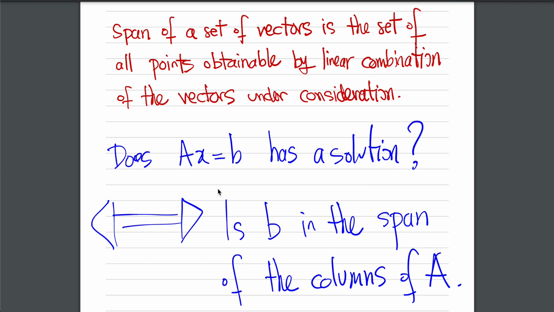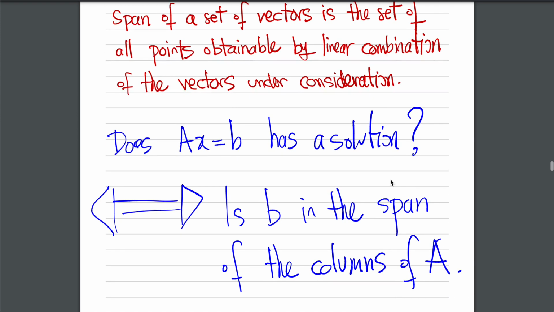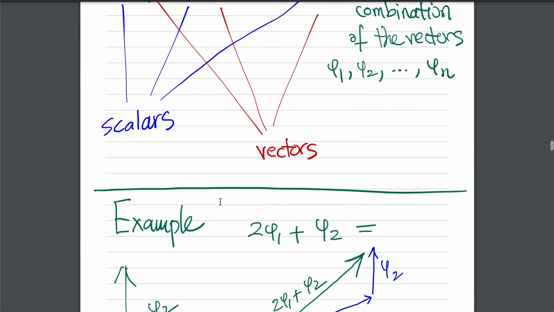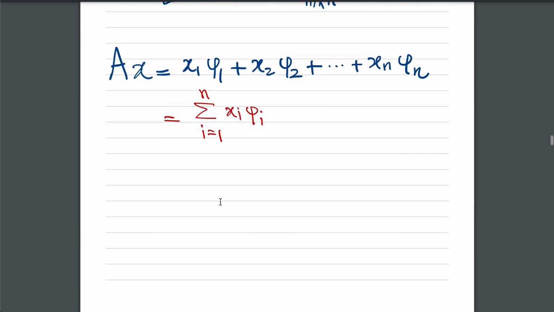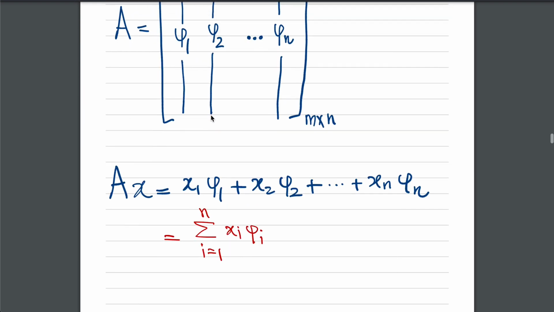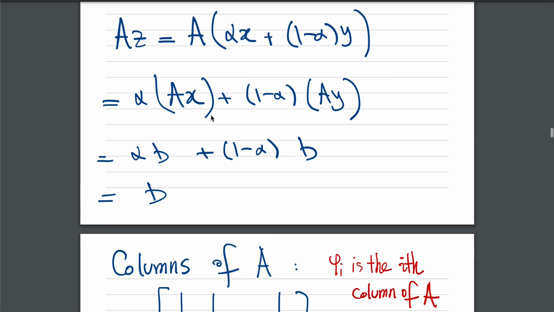Okay. So coming back to the original question, does AX equal B have a solution? The answer is essentially B has to be in the span of the columns of A.